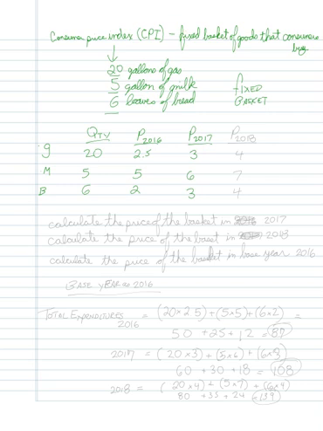What you then need to do is calculate the price of the basket in 2016, the price of the basket in 2017, and we also need to know the price of the basket in the base year.